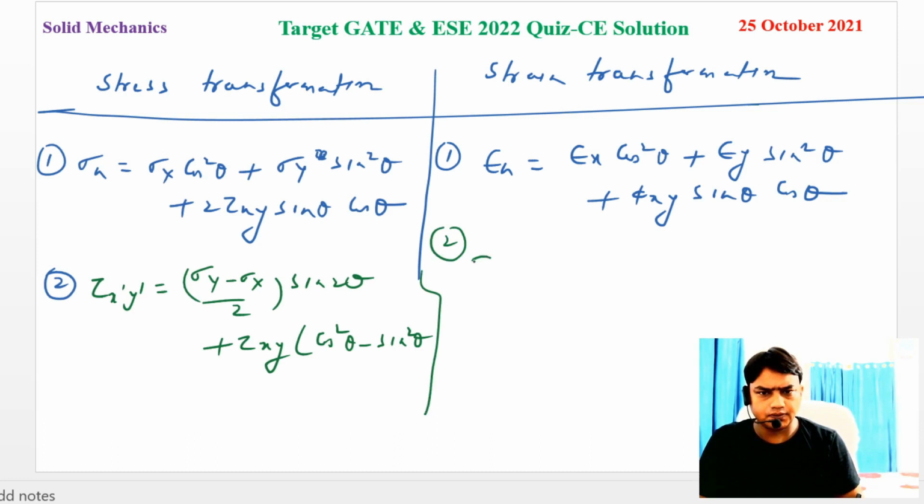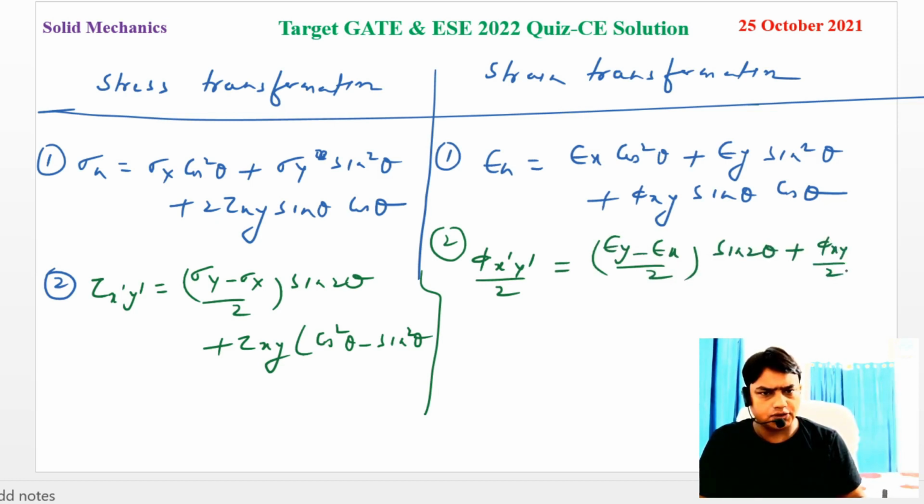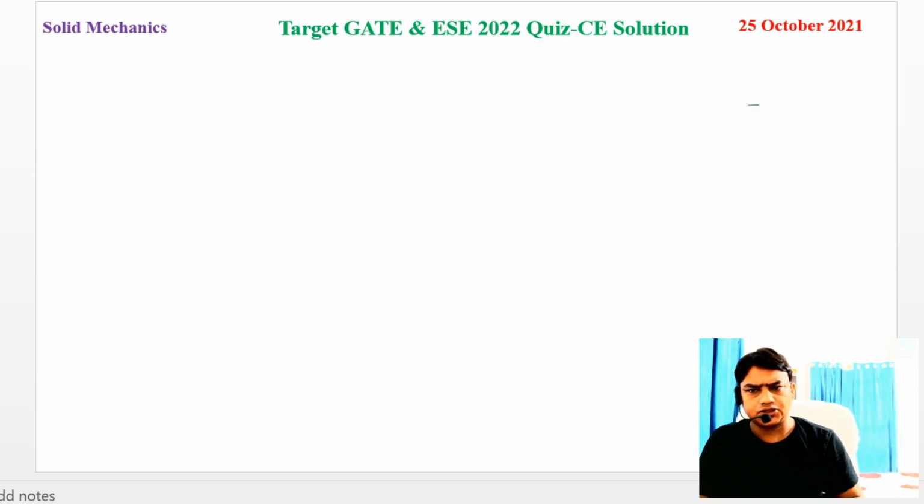Similarly, shear strain is (epsilon y minus epsilon x) by 2 sin 2 theta plus phi xy by 2 (cos square theta minus sin square theta).